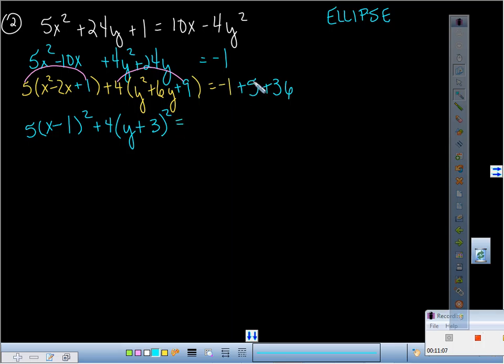Over here, 4 and 36 is 40. All right. So now what we want is a 1 right here. So I'm going to divide this by 40 to make that 1, but that makes me divide everybody by 40. That's okay.